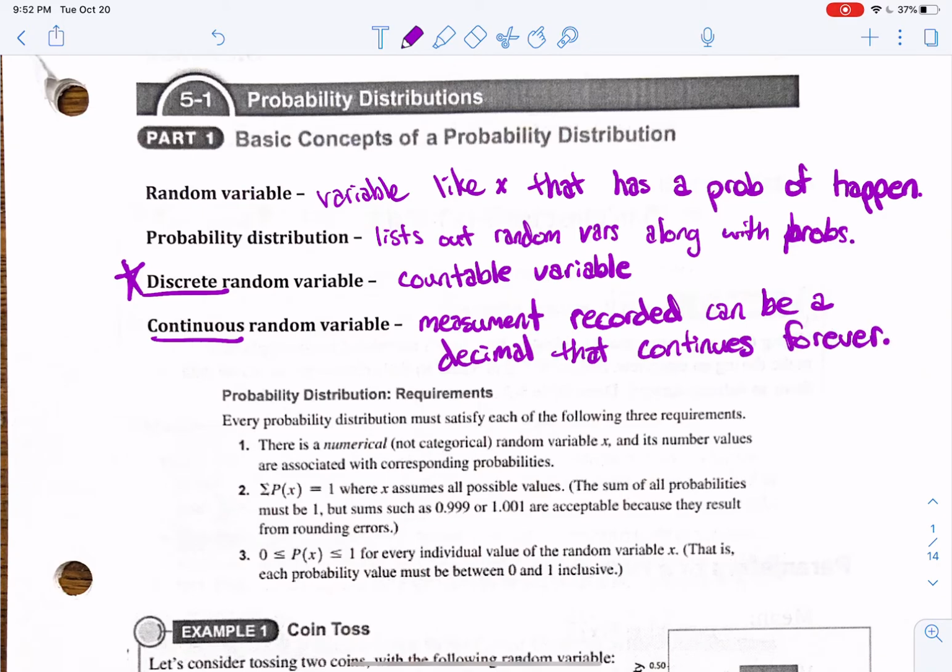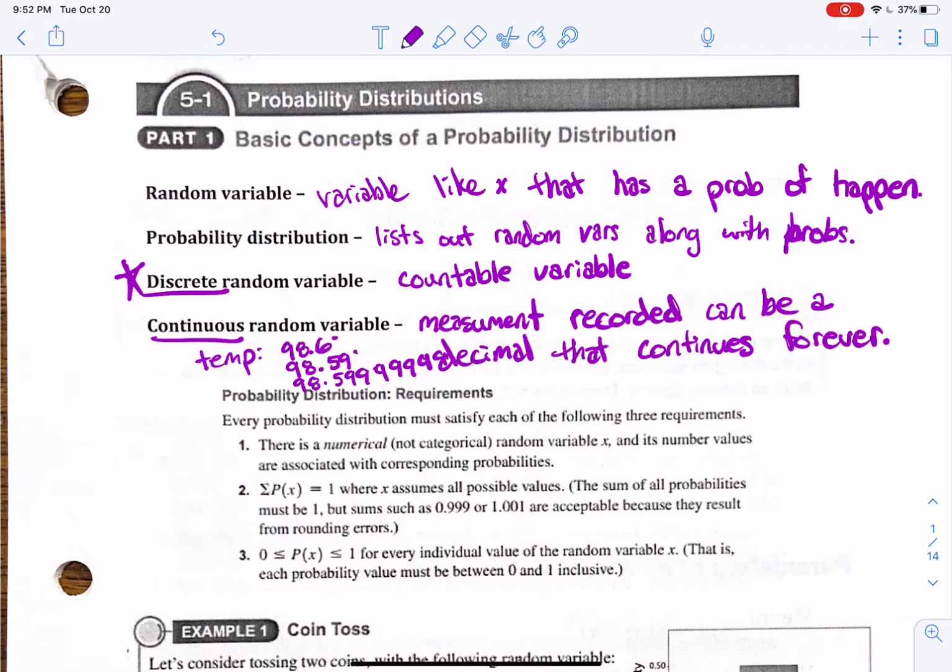So what I mean by this is, if we're talking about temperature, let's say you have 98.6 degrees, but maybe it's not exactly 98.6 degrees. Maybe it's 98.59 degrees, or 98.599, or 98.5999. I could keep adding decimals and continue going out forever.